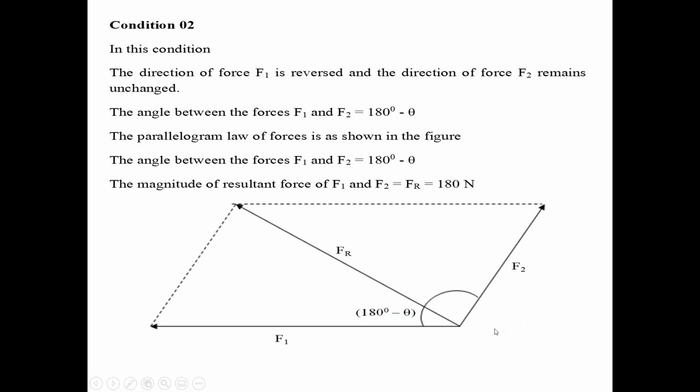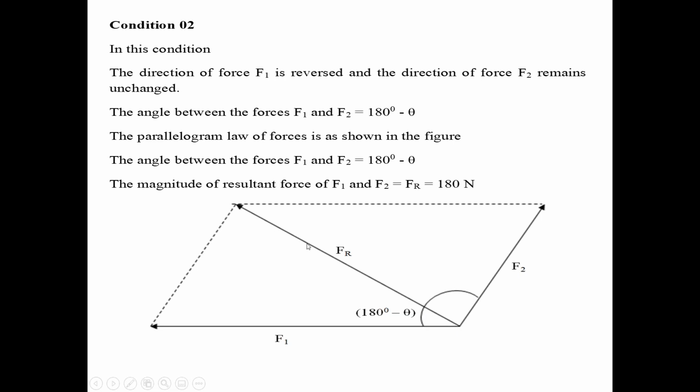But in the second condition, F1 direction is reversed. So F1 is acting in the left side direction. Since the direction of F1 is reversed, the angle between the forces F1, F2 here is 180 minus theta. And this is the parallelogram for the second condition. Complete that parallelogram. F2 is same direction, F1 direction is reversed. So the angle between the F1, F2 forces is 180 minus theta.